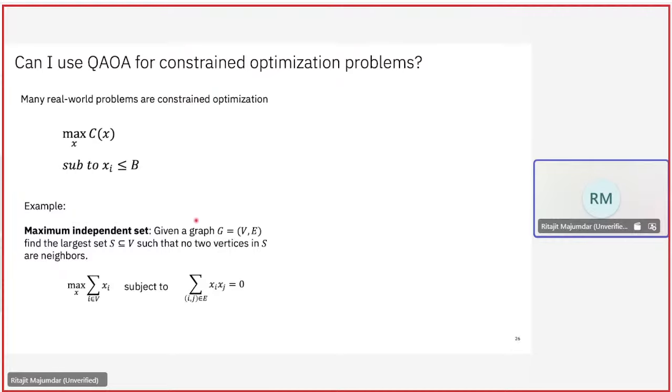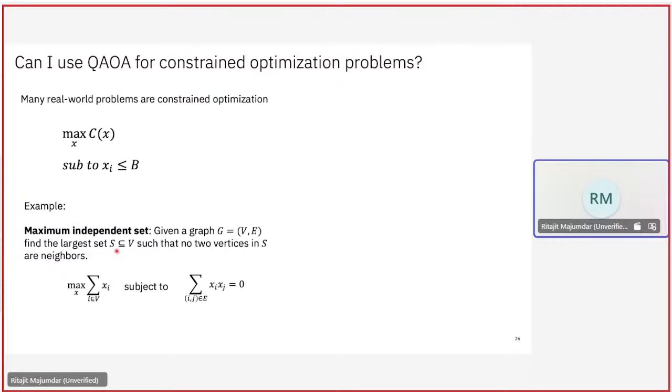It's defined as a graph G equal to (V, E), where you want to find the largest set S, a subset of all the vertices, such that no two vertices in S are neighbors. So the vertices in S don't like each other. They are not neighbors. So now see, if you create a solution where there are two neighboring vertices in S, this is a wrong solution.